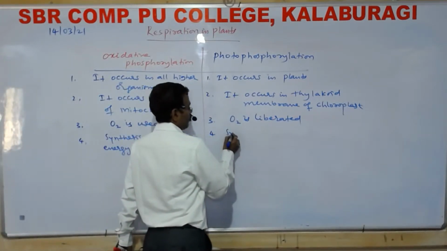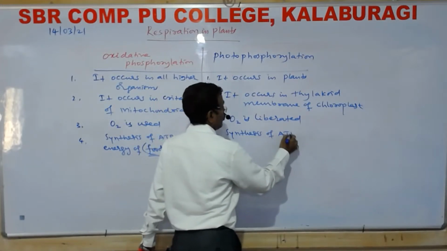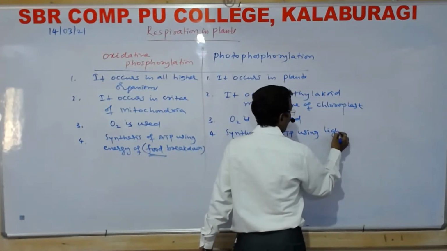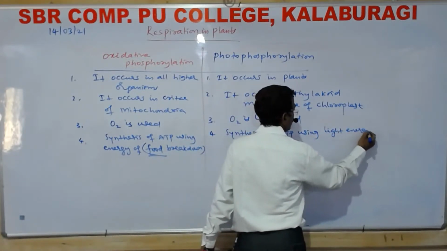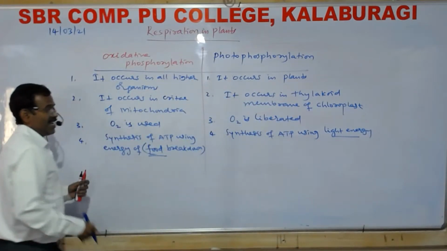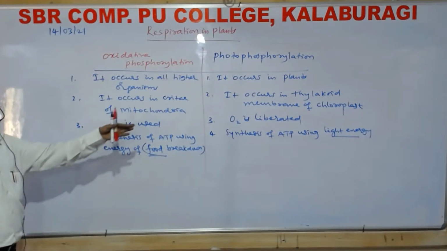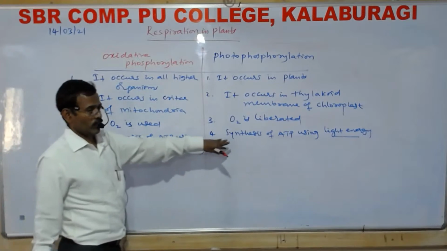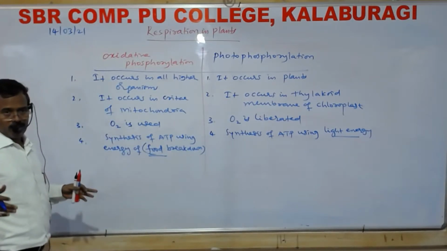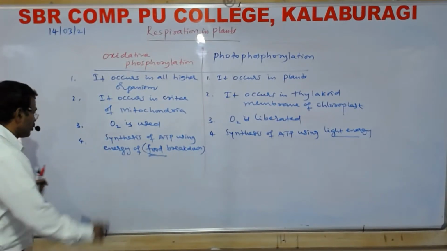Here, synthesis of ATP usually uses light energy. So there, radiant energy is used in the synthesis. Here, the organic molecules are broken down and the energy released can be used. Right?